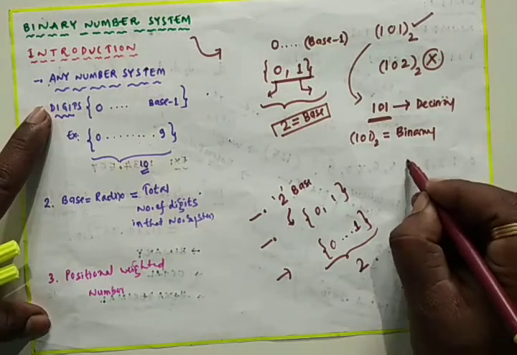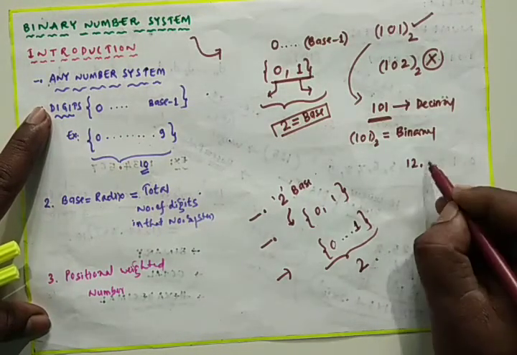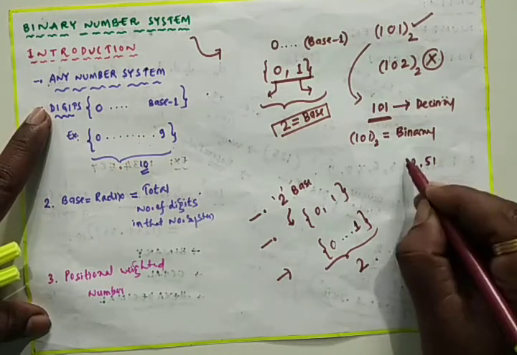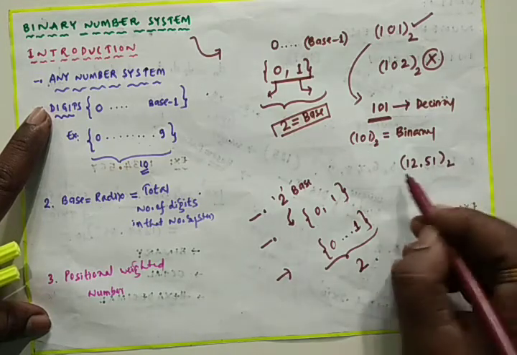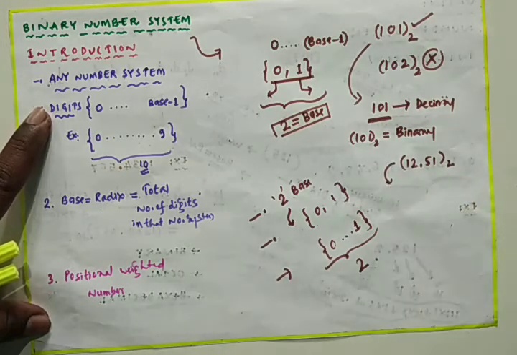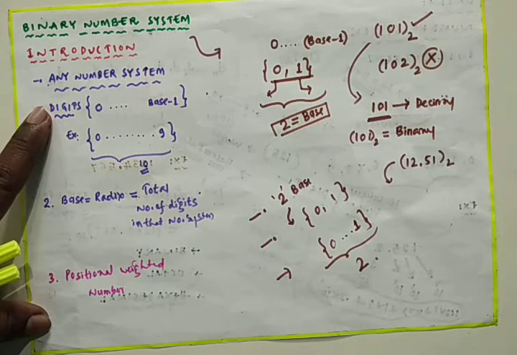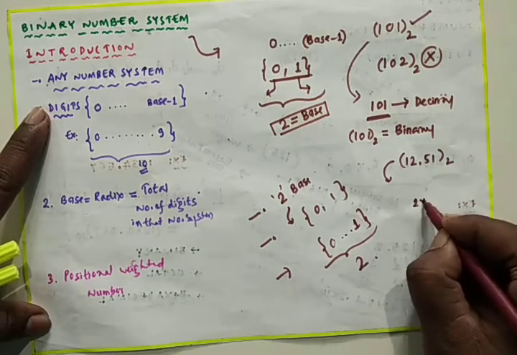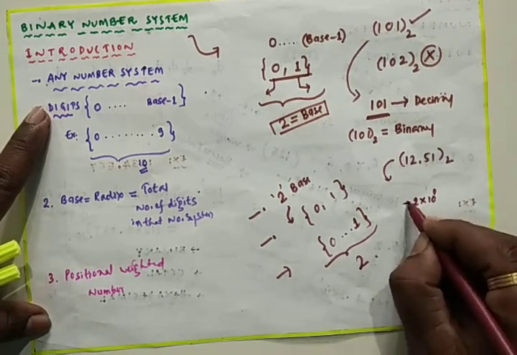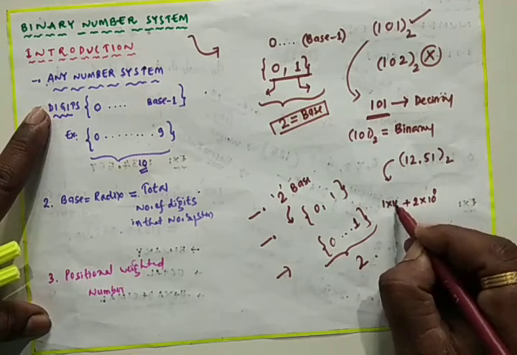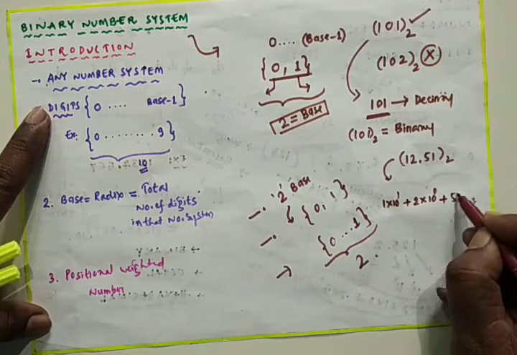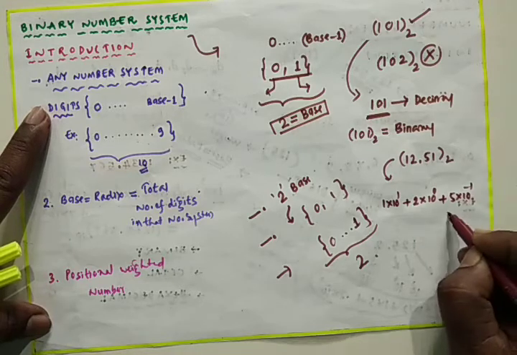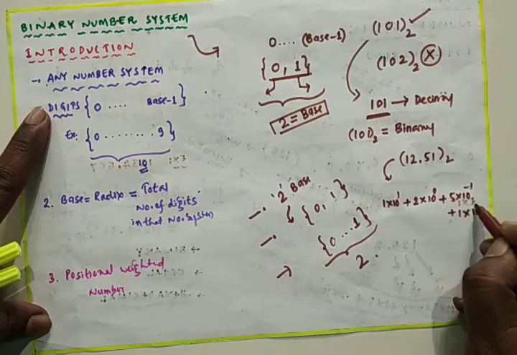For example, 12.51 is a decimal number. In the positional weight system, how can we do this? It will be 2 into 10 power of 0 plus 1 into 10 power of 1 plus 5 into 10 power of minus 1 plus 1 into 10 power of minus 2.